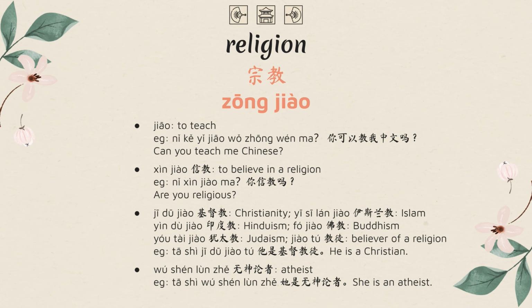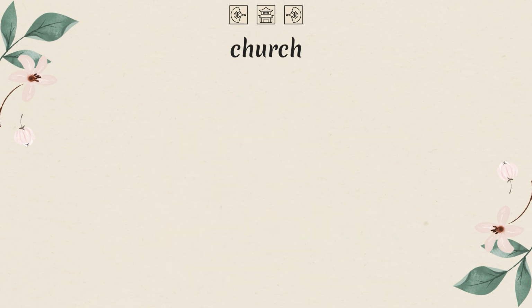So a person that argues that there's no gods is an atheist. So to say somebody is an atheist, you could say 他是无神论者. She is an atheist.